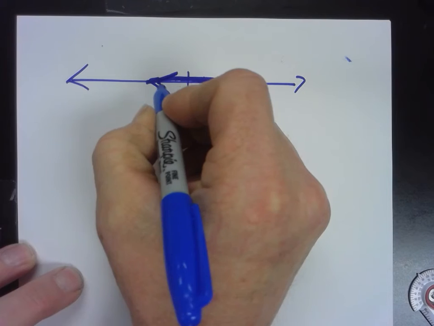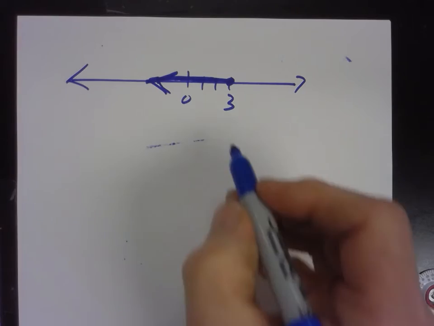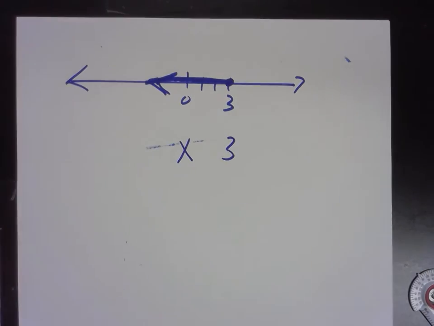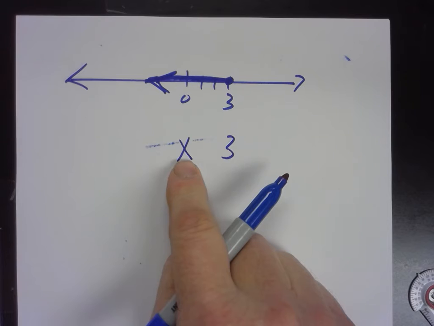The hardest ones, and these aren't hard, are where they give you the graph and then you have to write the inequality. And I think the hard part about this is you've got to start somewhere. And since it's a 3 right there, I'm going to start with this. We're going to compare some number x. Now you don't have to use x. You could use n for some number or whatever.